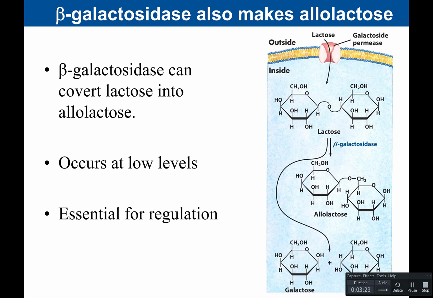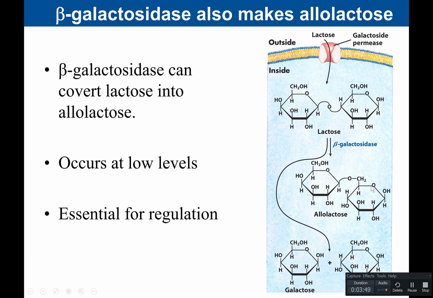Now, why is it important that we have the enzymes expressed at background levels? Well, because we need a way for the cell to receive a signal that lactose is present. So what is that signal? Well, when lactose is hydrolyzed, it's going to sometimes get converted by beta-galactosidase into allolactose.